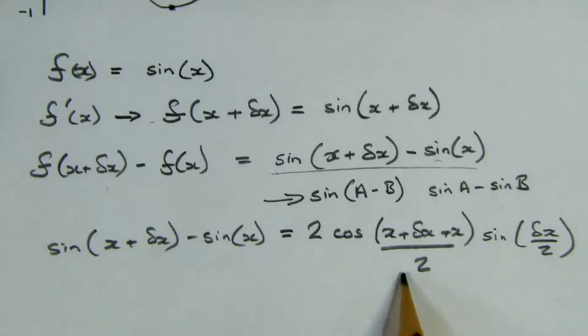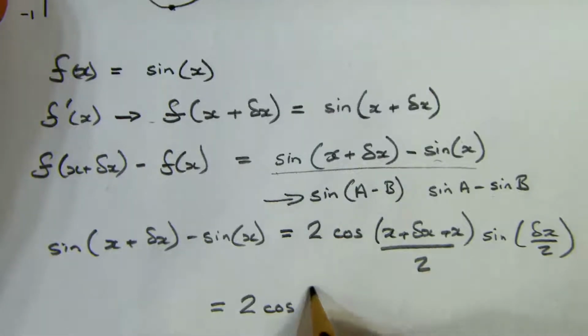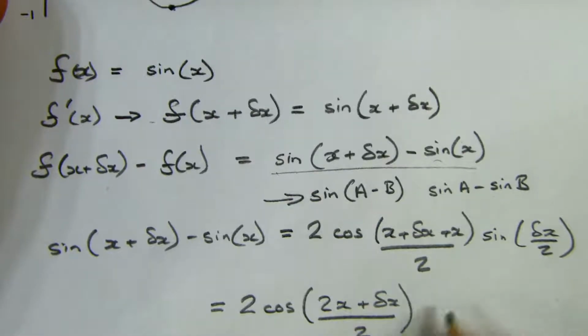Let's see if we can tidy this up a little bit. So that's going to be 2 cos of 2x plus delta x all divided by 2, sine of delta x over 2.